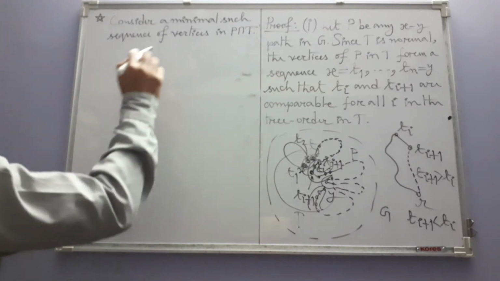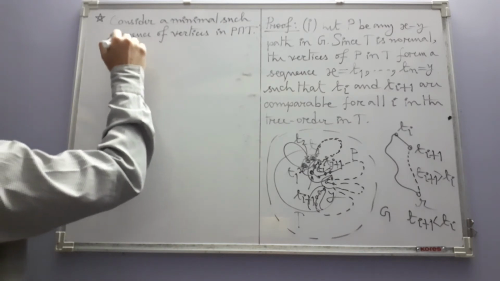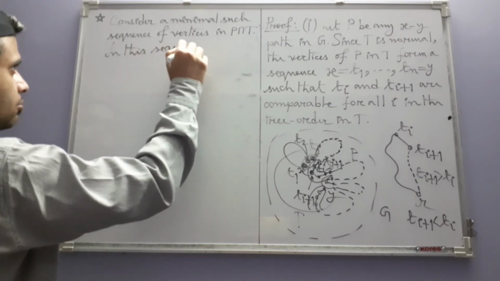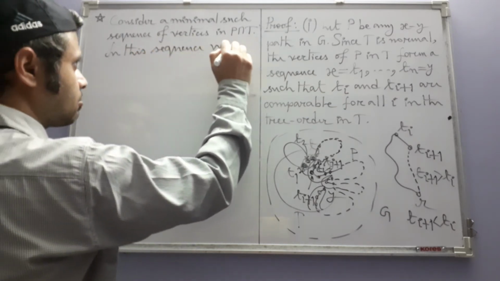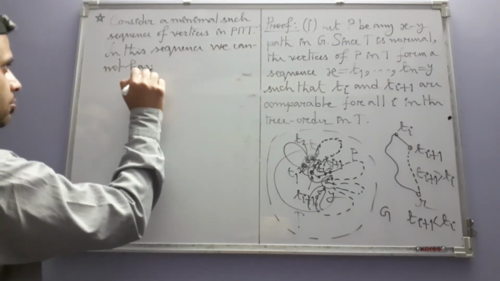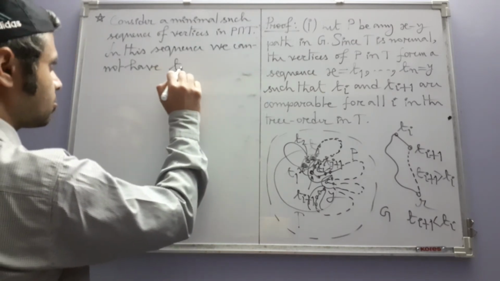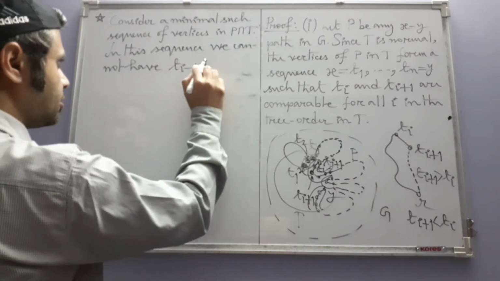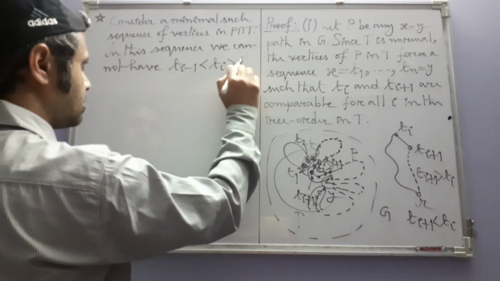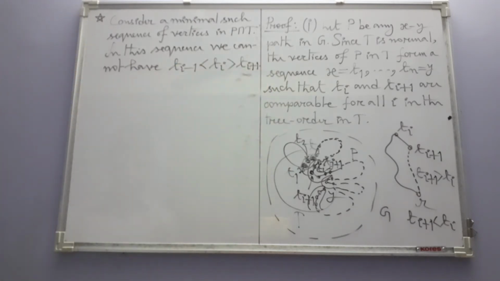In such a minimal sequence, we cannot have a situation like this: Ti minus 1 is less than Ti and Ti is greater than Ti plus 1.